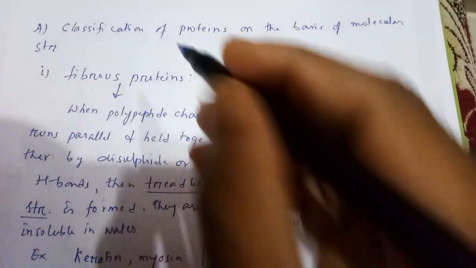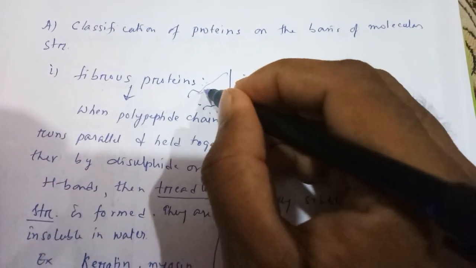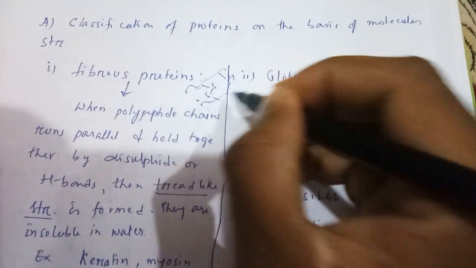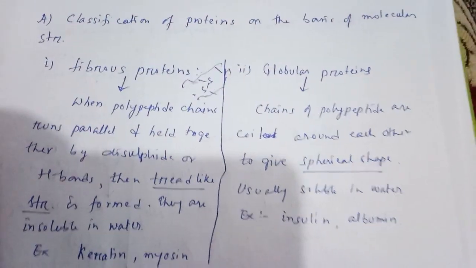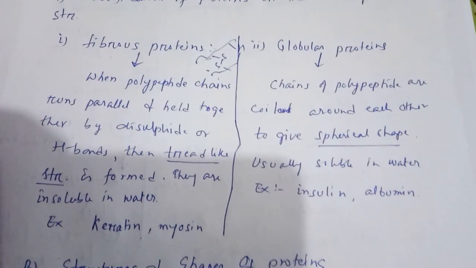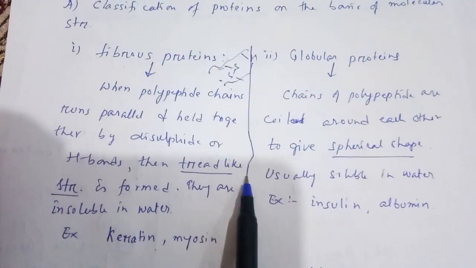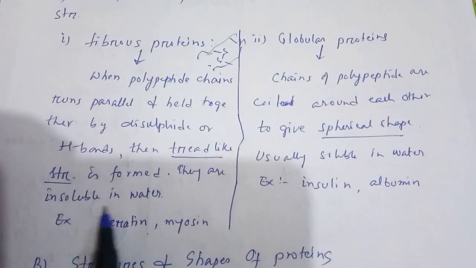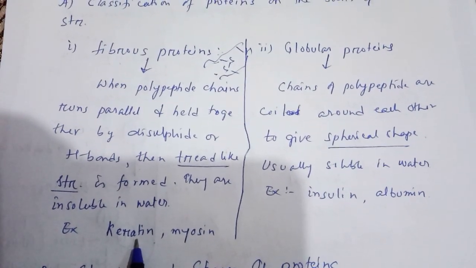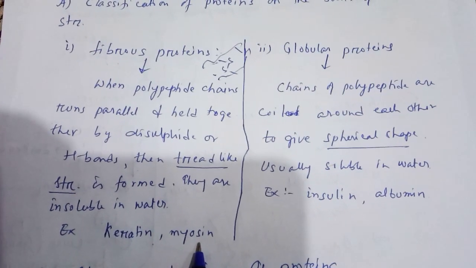So if between polypeptide chains there are disulfide links or hydrogen bonds, then that becomes a fibrous protein. It is tough and can resist changes in pH and temperature. They are insoluble in water. For example, keratin, which is found in our hair, is insoluble in water. Myosin in muscle is also insoluble in water.